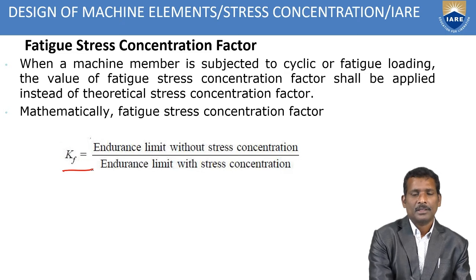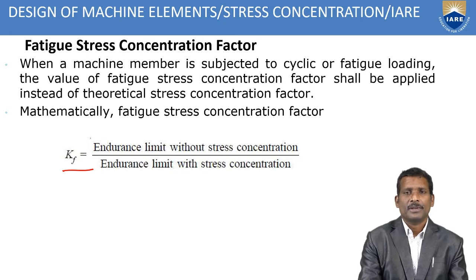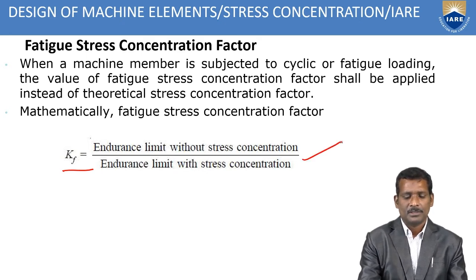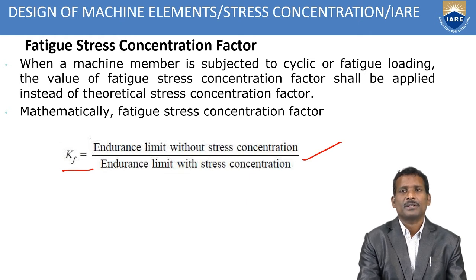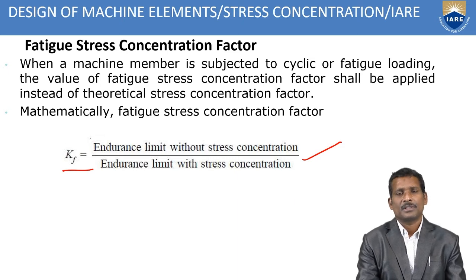The KF indicated here is the fatigue stress concentration factor. We can calculate it by using this relation: endurance limit without stress concentration divided by endurance limit with stress concentration. Clear. So what is the endurance limit? We will see in the next session.